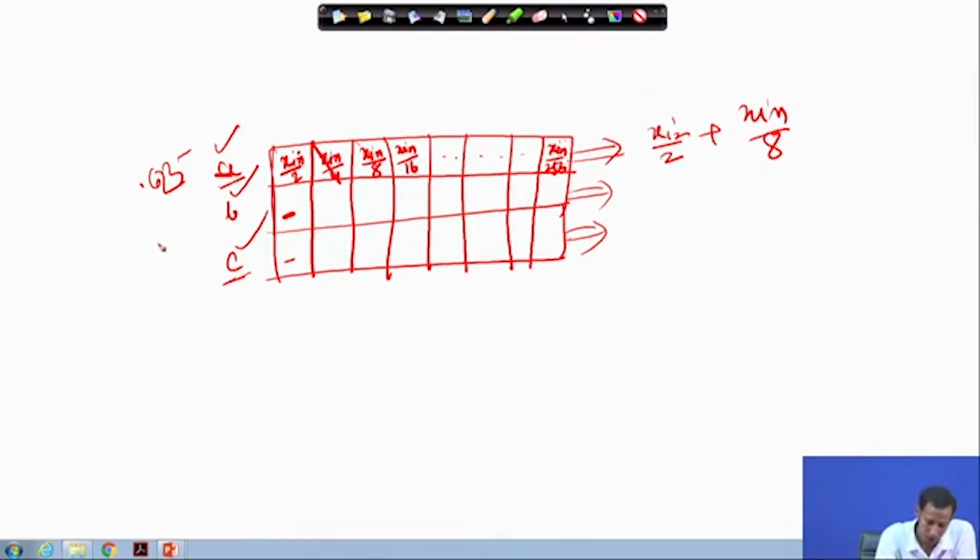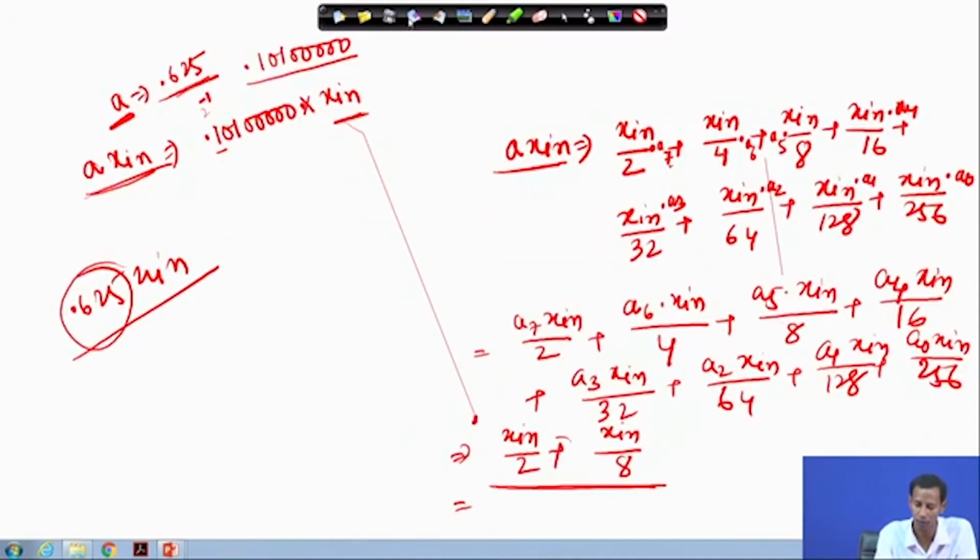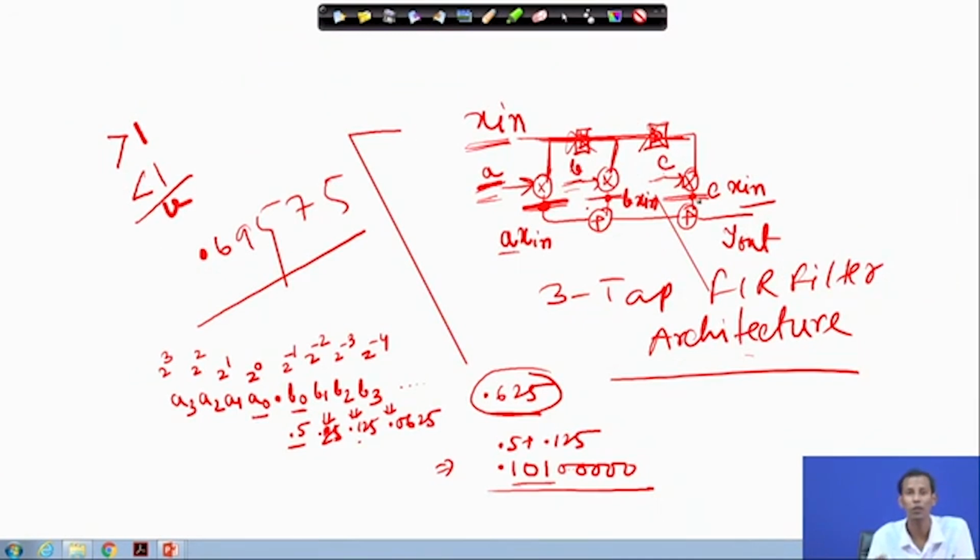Suppose this value is 0.5. Then only x_in by 4 I have to do. In this way, the corresponding multiplication operation required here will be optimized in a better way.